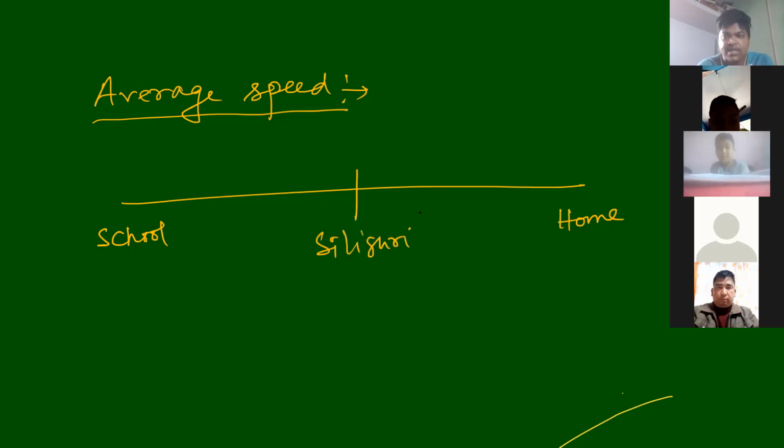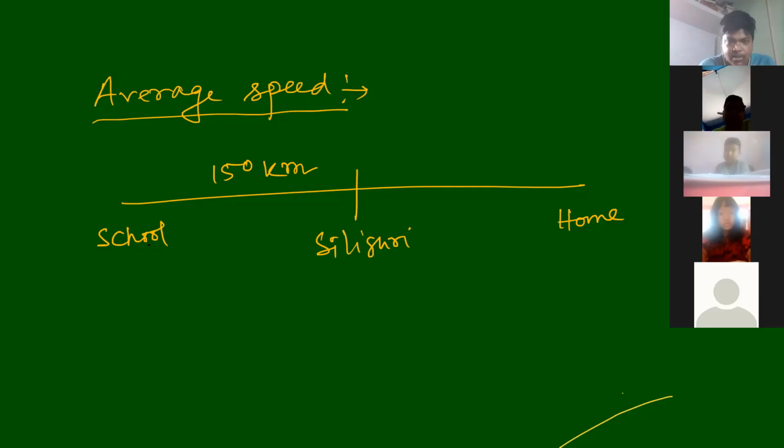Suppose the distance from the school to Siliguri is 150 kilometers, and from Siliguri to my home is 700 kilometers.